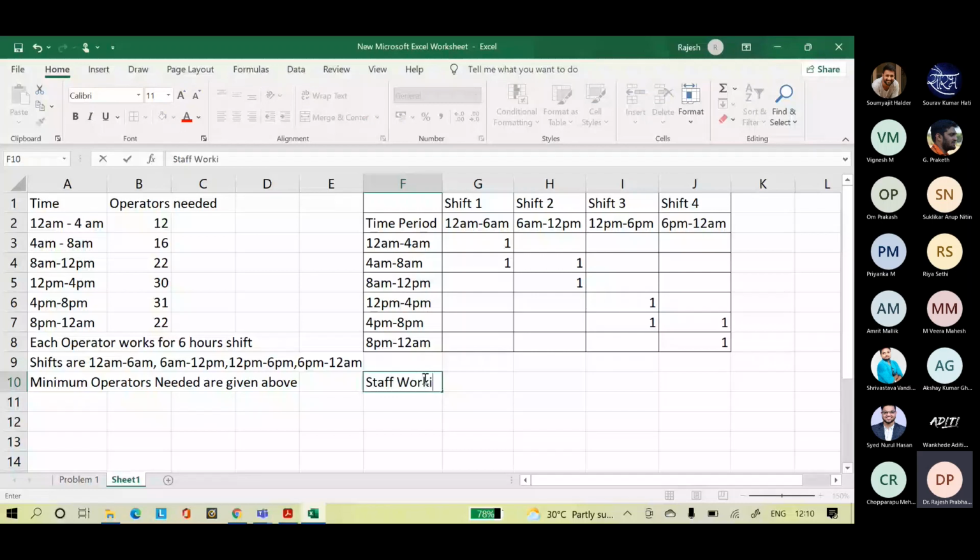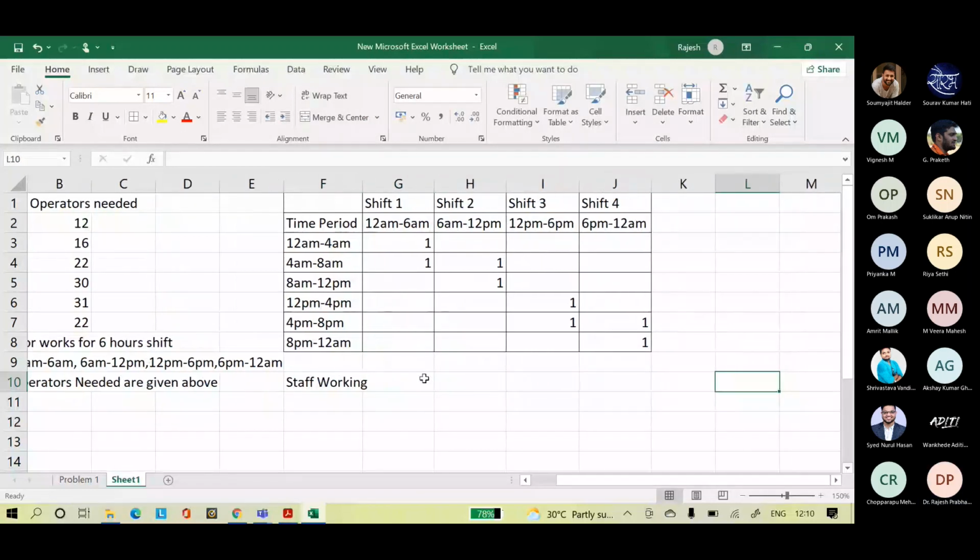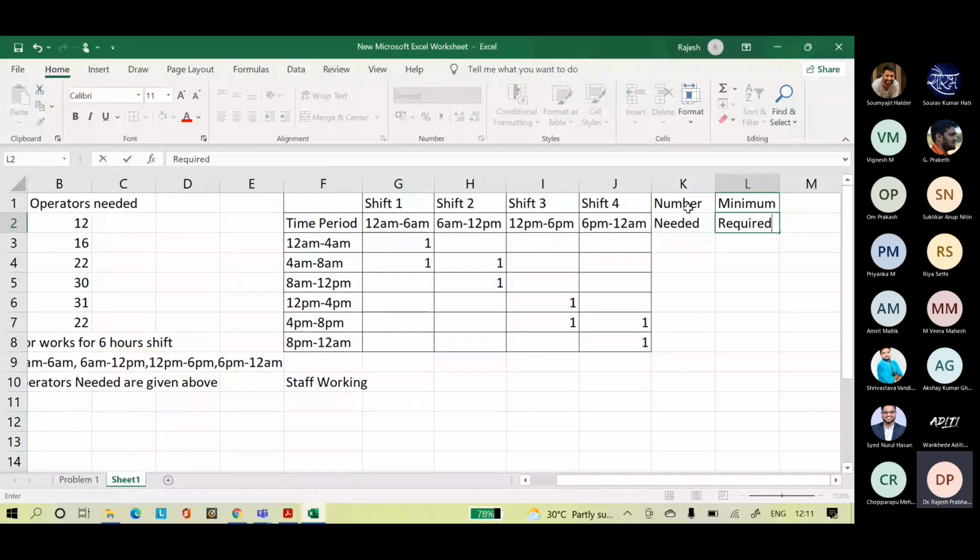So start working, number needed, required.